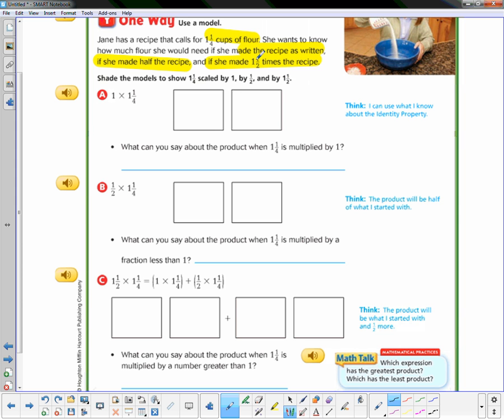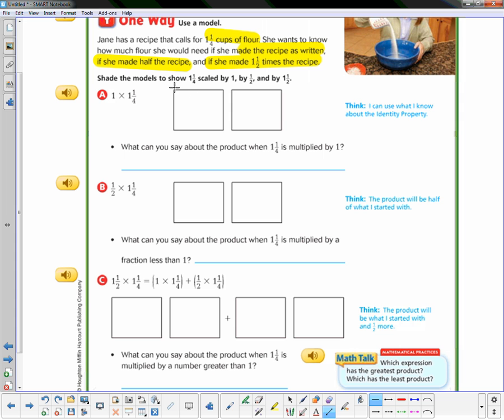So let's go ahead. We've got 1 1/4. Let's go ahead and show that much. I'm going to use fourths here, because the fraction is fourths. My lines are a little bit off.